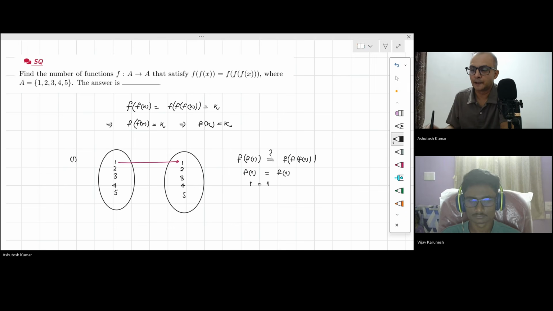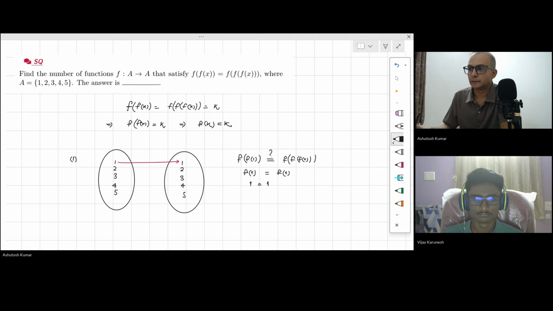That's true, and it is happening because we have taken 1 to 1. But in that case, what will the other elements be mapped to? Each one should be mapped to itself.